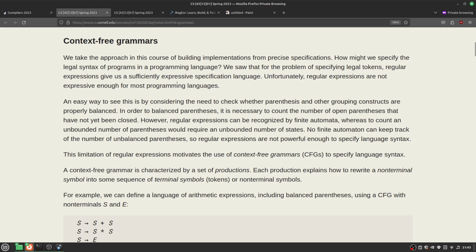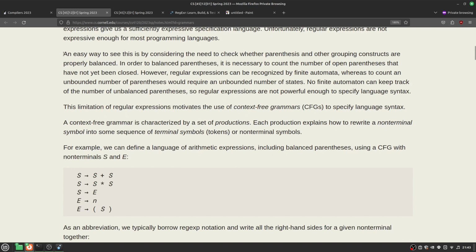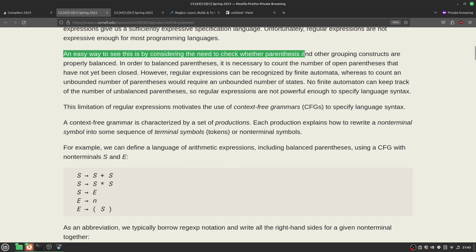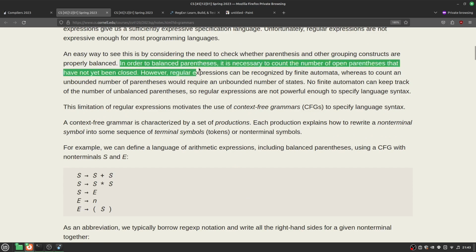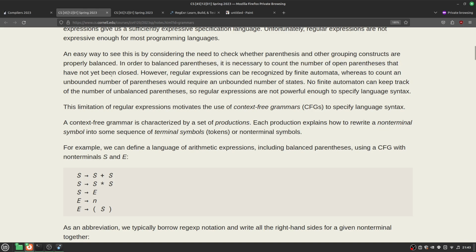Unfortunately, regular expressions are not expressive enough for most programming languages. An easy way to see this is by considering the need to check whether parentheses and other grouping constructs are properly balanced. In order to balance parentheses, it is necessary to count the number of open parentheses that have not yet been closed.